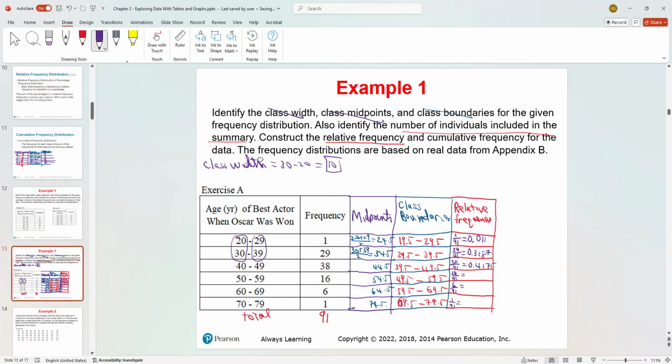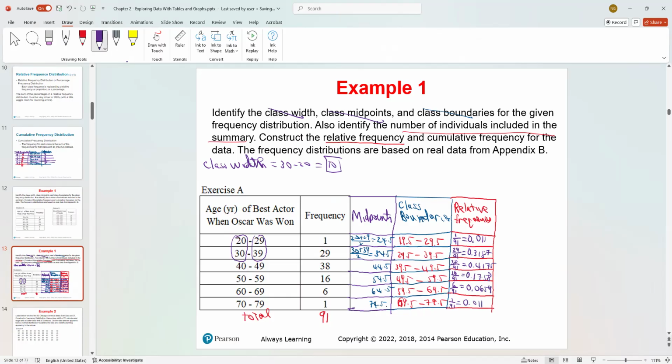Now you have 16 divided by the total, it gives you 0.1758. And 6 divided by 91 gives you 0.0659. And the last one will be the same as the first, 0.011.